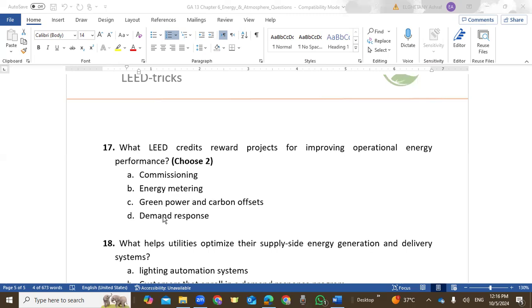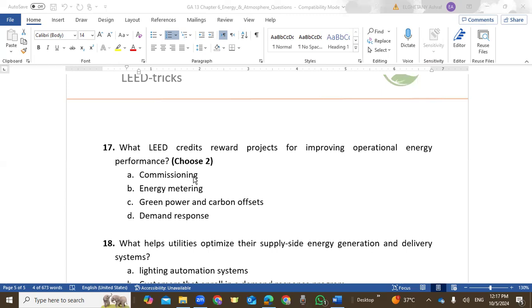But why not demand response? Because this credit, if you implement it, is totally about operation. In demand response, people will take action to reduce the loads during peak times. But the question speaks more about performance, so maybe it's not the case.